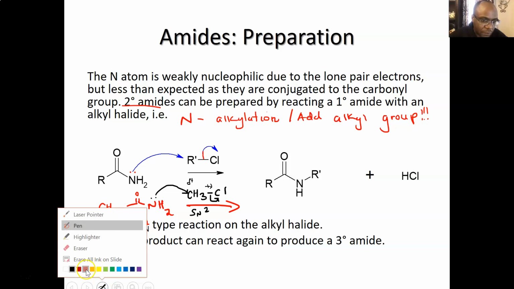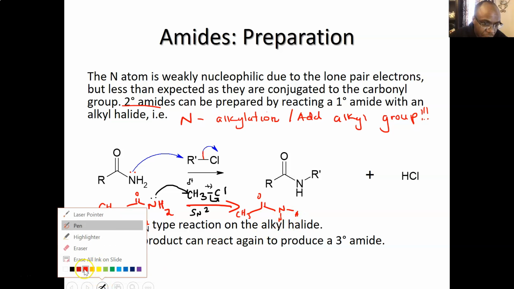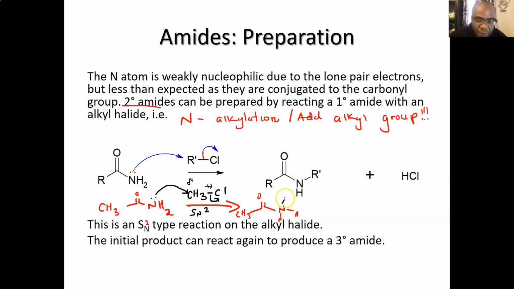So what do you get? Your CH3 is there. You're going to get your NH2 with the CH3 now added. The nitrogen will be partially positive. Remember that Cl fell off, right? So organic molecules don't like being charged.